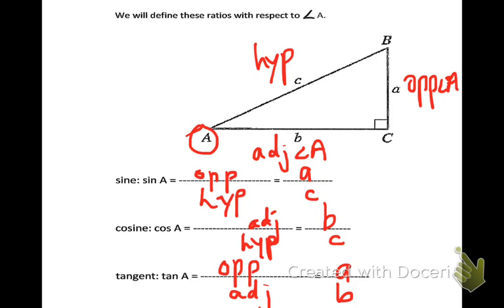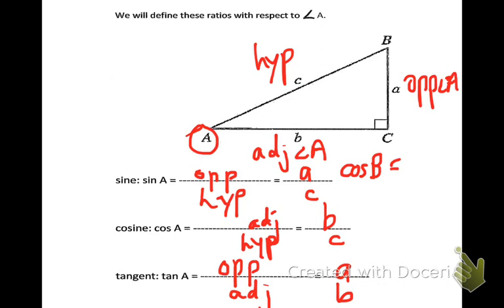Now I want to point out to you, if we evaluated this according to angle B, if we did the cosine of B, what would the cosine of B be? What ratio would it be in terms of letters on the triangle? Cosine of B. Chris?